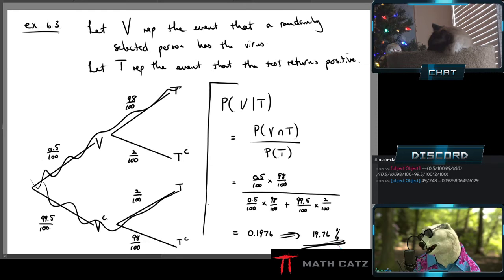That is not what my intuition says. My intuition says if a test result comes back positive, I am screwed. I should be really concerned. Even though there's less than a 20% chance you have the virus, because it's quite rare.